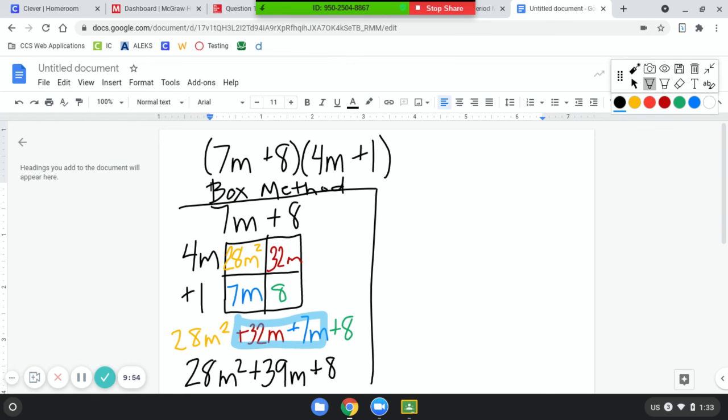And over here, I have enough room. I'm going to use the distributive method. So for the distributive method, I am going to first do 7m times 4m.